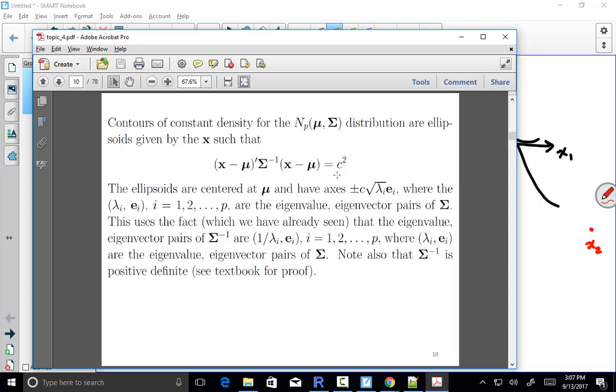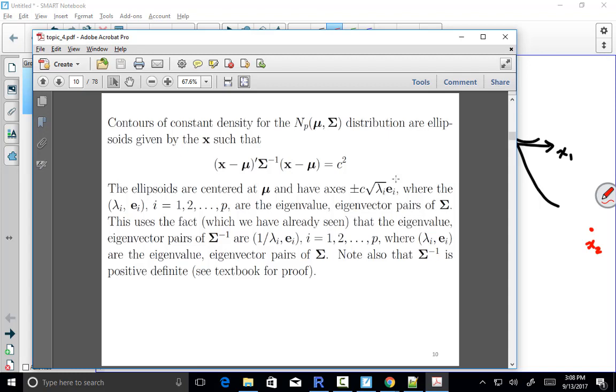It's an ellipse, and we've seen that the primary axes of that ellipse are the eigenvectors of the weighting matrix that's in the middle of the quadratic form. And the half-lengths of those primary axes are proportional to the distance and the square root of the eigenvalues of the weighting matrix. This slide right here is then review. We already know how to do this.